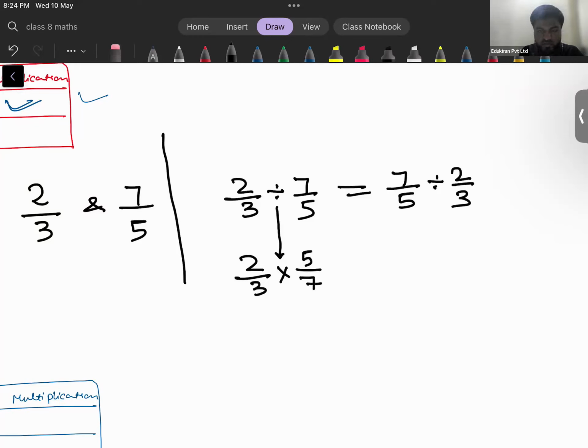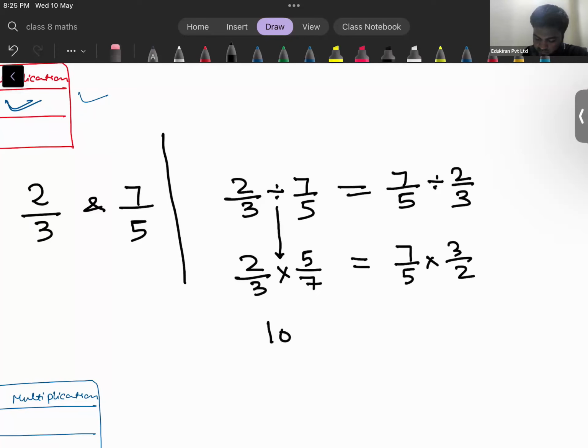Did you know this, Ifra? Reciprocal, right? When you put it on the other side, it becomes the reciprocal. Exactly.